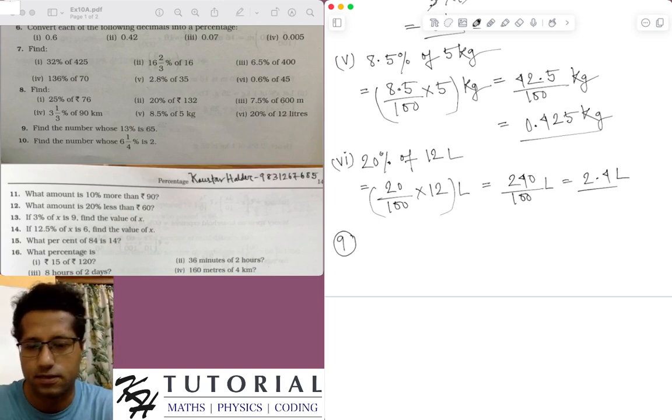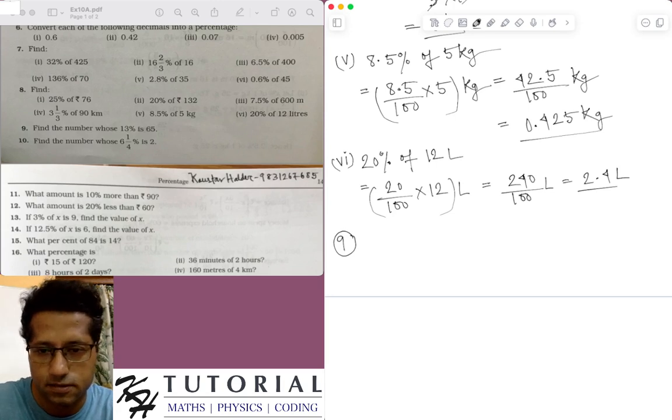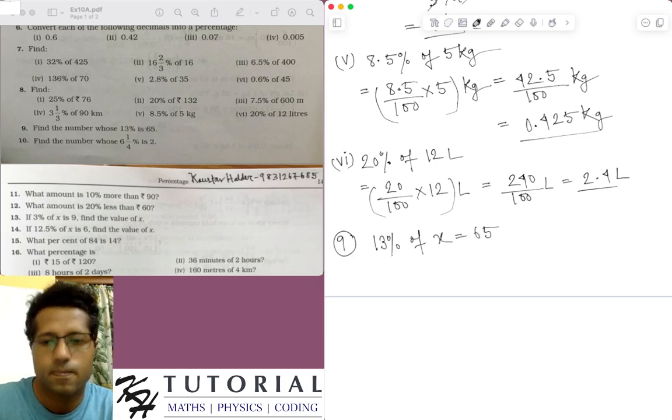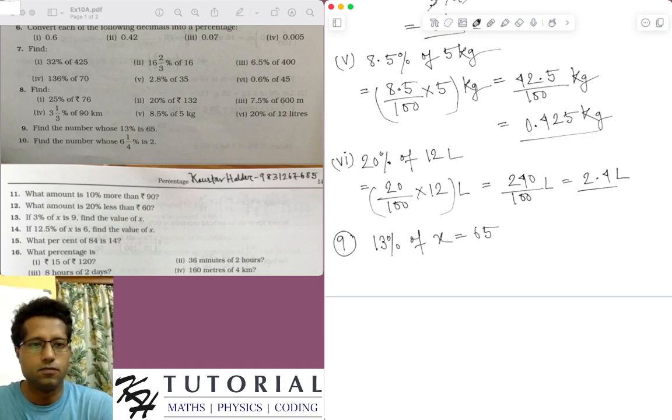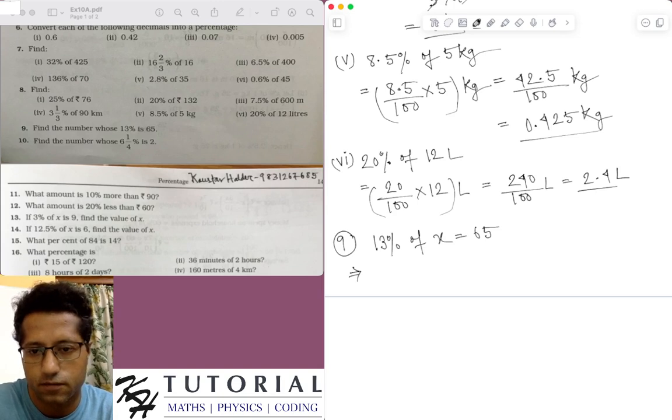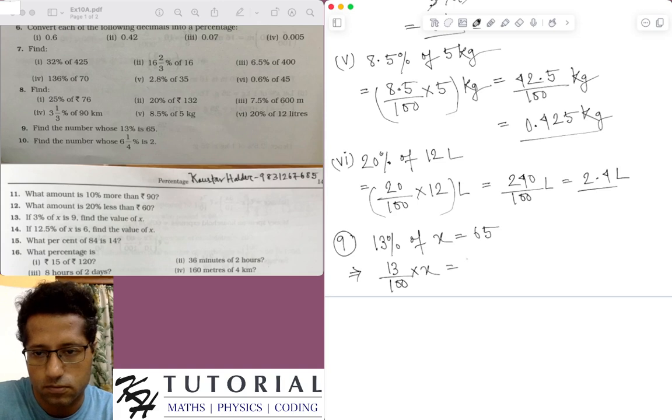So basically what it is saying, if that number is x, it is saying that 13% of x equals 65. This is the mathematical equation we form from the given condition and fact. Now 13% of x is nothing but 13 by 100 into x equals 65.